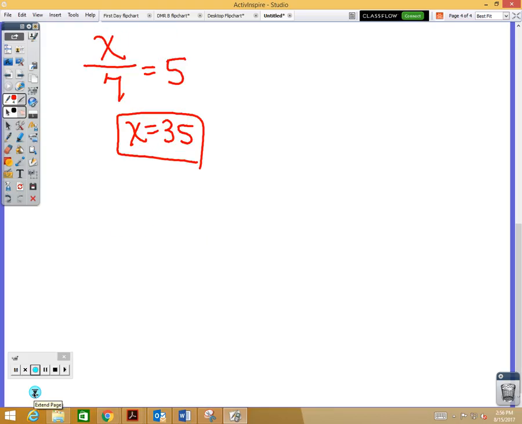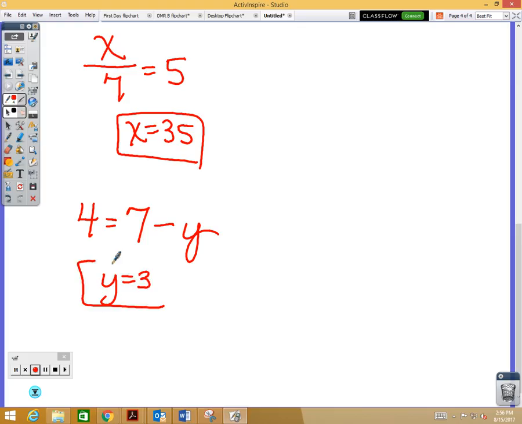How about, what does y equal? 3. 7 minus what is 4? 7 minus what number is 4? I was looking for the solution, not for trues or falses.